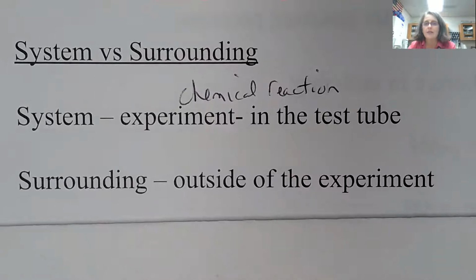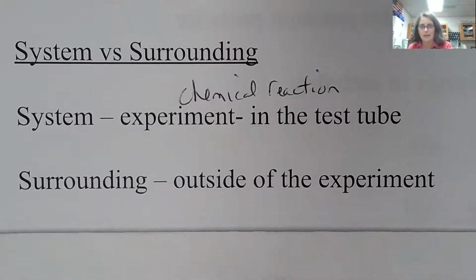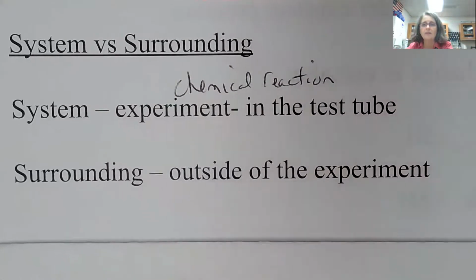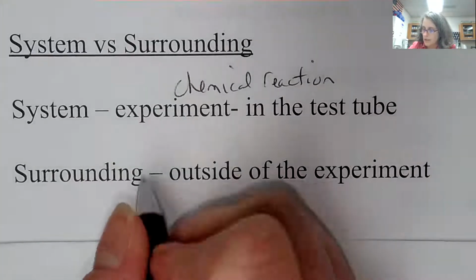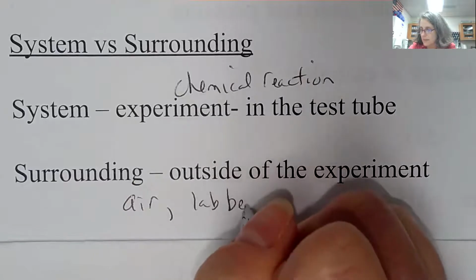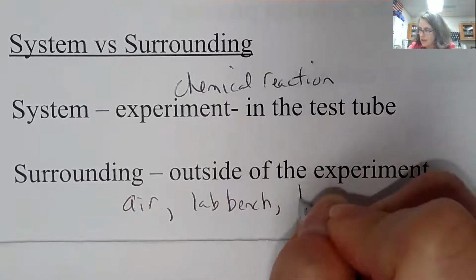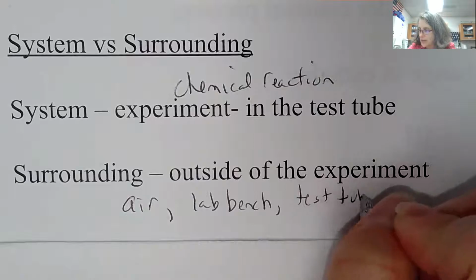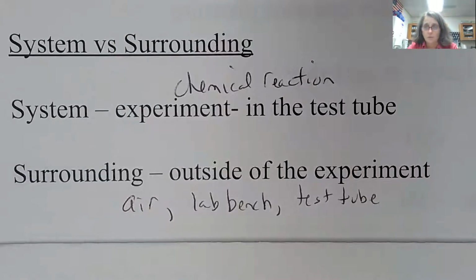The surroundings is everything outside the experiment. So what can some of those things be? Well, it could be the air outside it. It could be the lab bench that we're on. It could also be the test tube itself. It could be the beaker it's in, and so on and so forth. It could be Naperville, the earth, the universe, every place outside of that.